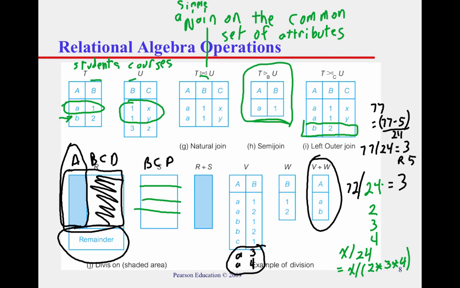What I wanted to say was 72 plus 5 divided by 24. So this is the quotient, this is the remainder. In some sense, that's what we're talking about here. This is the remainder part. It's additional cruft that's not part of the final quotient. When you do the division, it's like the fractional remainder that you throw away.